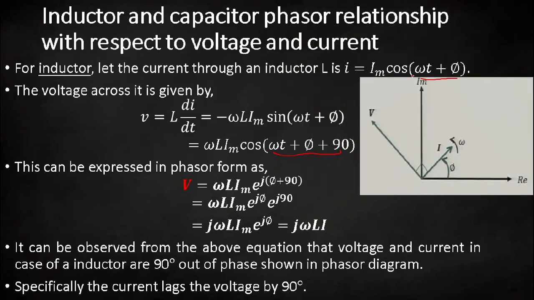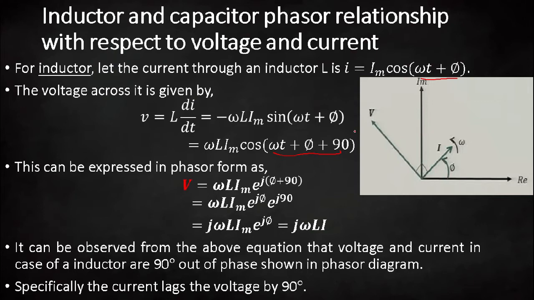Let me just show you the figure. If you draw in the z plane, that is the real axis and imaginary axis, I is given by Im at angle omega t plus phi, with the phase with the real axis being phi, rotating at omega frequency. In the same way the voltage is given by omega L Im, so the magnitude will be the multiplication of omega L and Im, and the phase will be omega t plus phi plus 90.